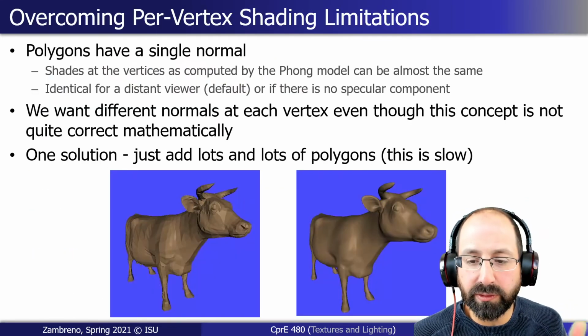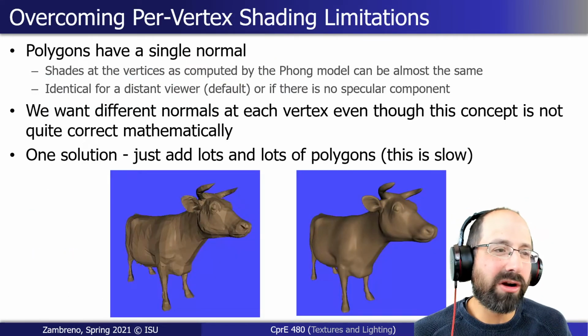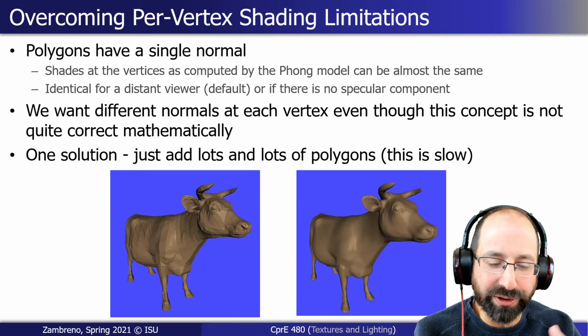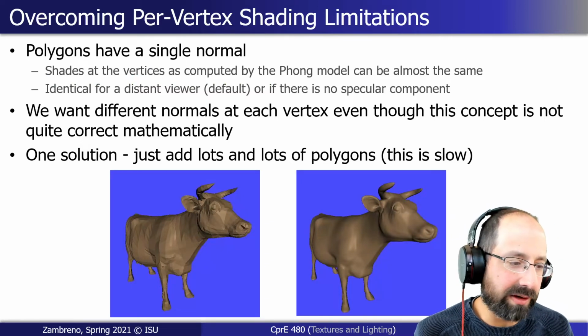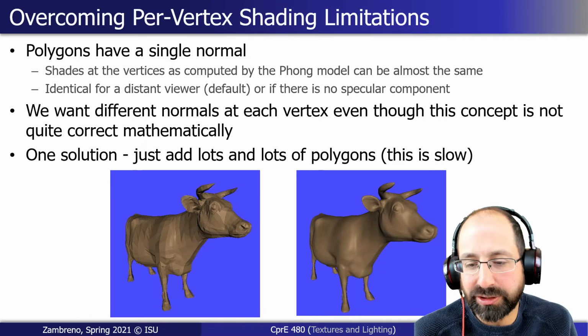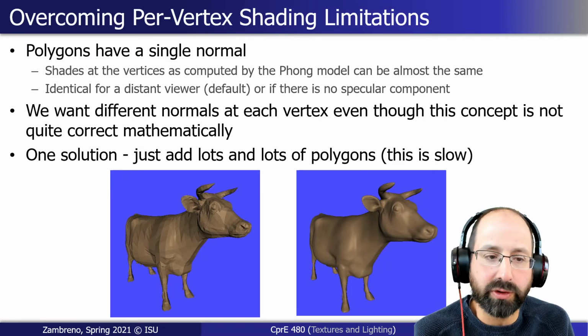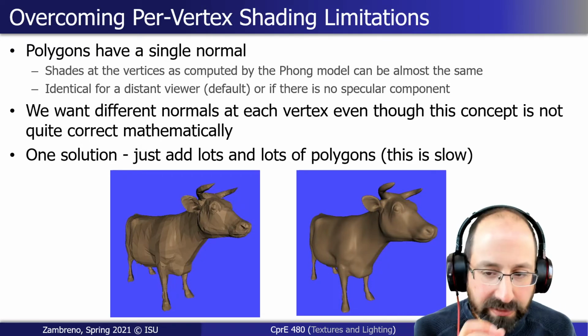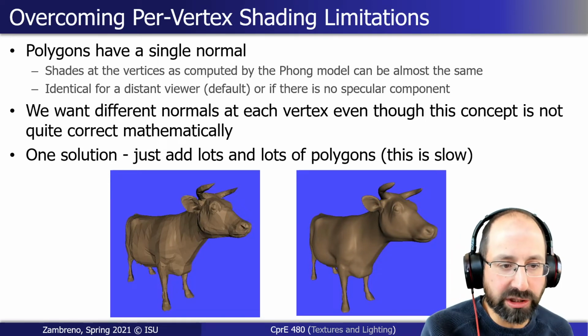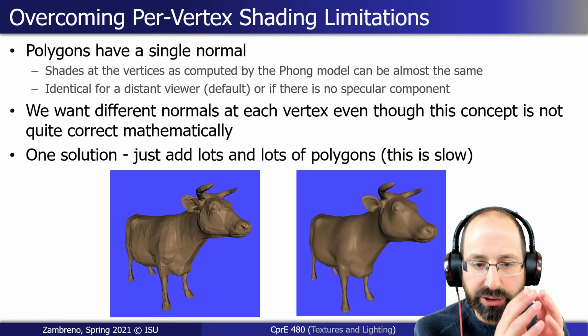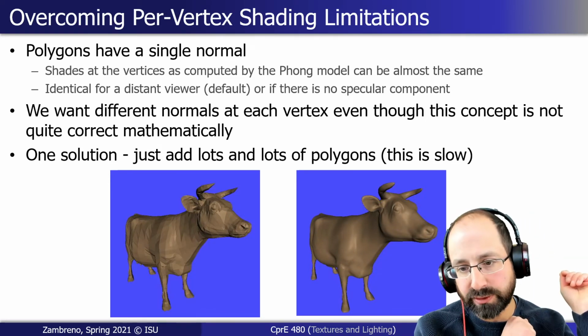If you want to use the exact right term, I don't know how much we care about giving the right inventor the right credit for it, that's technically Gouraud shading, what we were doing, which was per vertex shading. But there is a fundamental limitation of doing shading in the vertex shader, right? Polygons, our triangle, tend to have just a single surface normal.